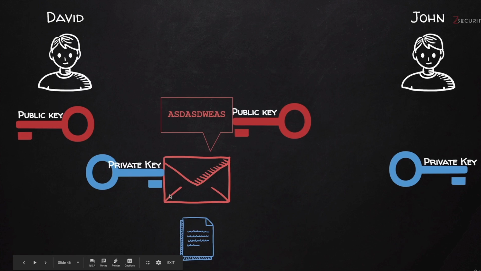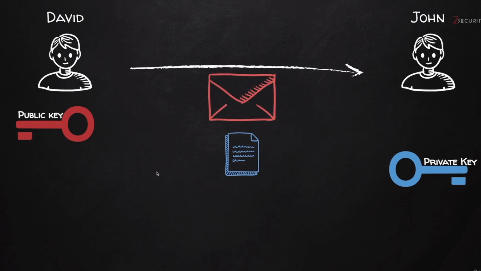Now keep in mind, David is still keeping his own private key. He did not send it through any method of communication. So now we have a message with an encrypted content and with a signature that corresponds to David's private key. Then the message is sent using any method of communication. Like we said, you can even use an insecure method of communication.